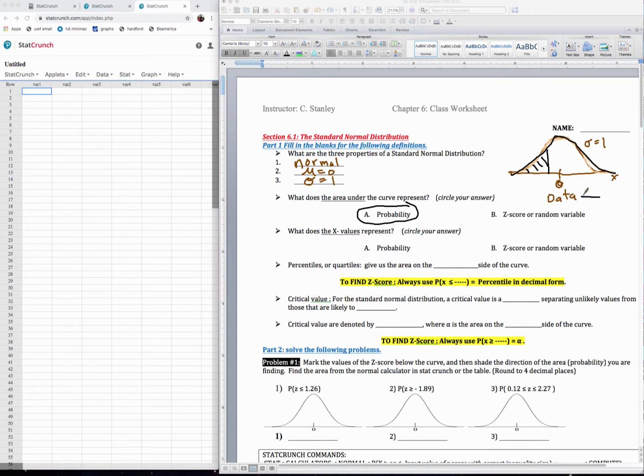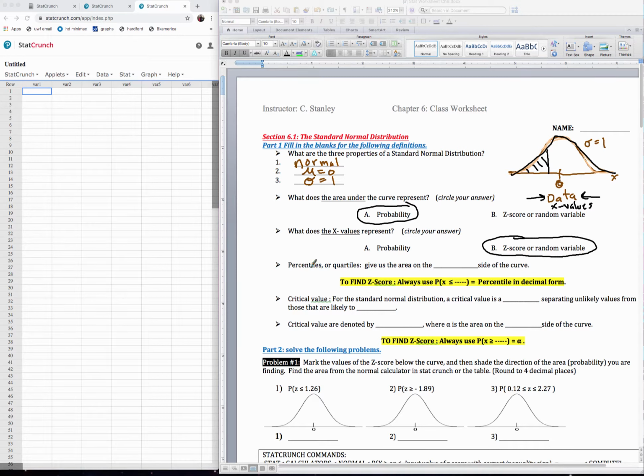These are the x values right here. If the x values are z-scores or random variables, and it looks like this, that's a standard normal distribution, a standard normal curve.